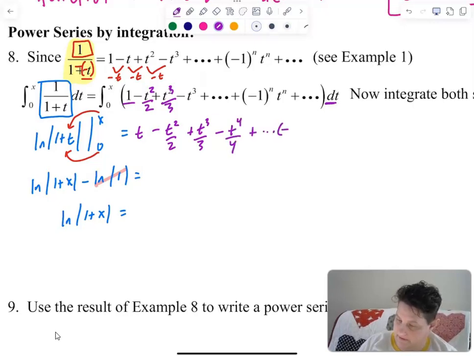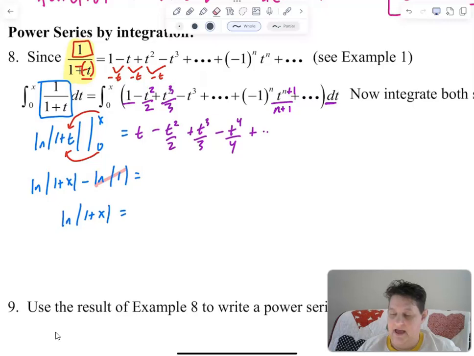Now remember, we have this term, which we're going to make that integral be t to the n plus 1 over n plus 1. When we do that, well, I'm actually not going to worry about putting the general term. It gets kind of weird. I'm just going to go dot, dot, dot.